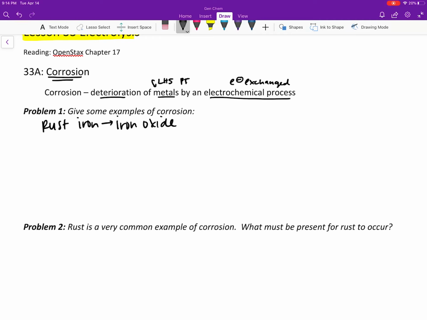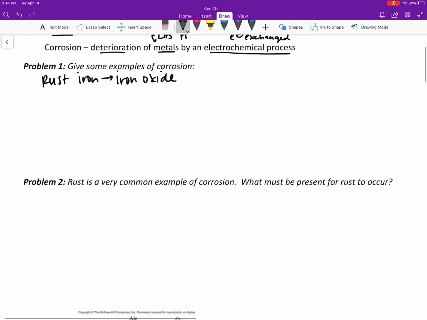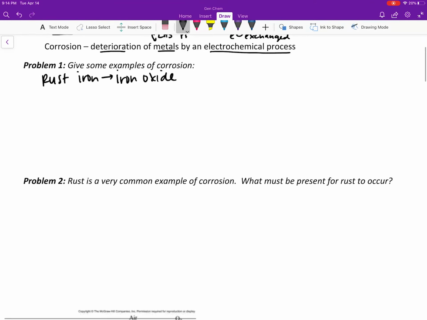And if you've ever seen a really old vehicle that's been left out to rot, or any iron implement, eventually it'll rust so that you can have huge holes where the iron used to be, but now the iron oxide formed and then crumbled away and fell to the ground.